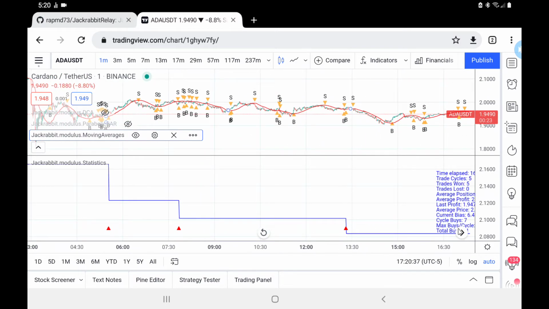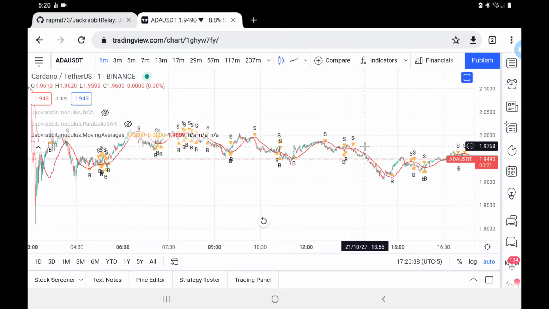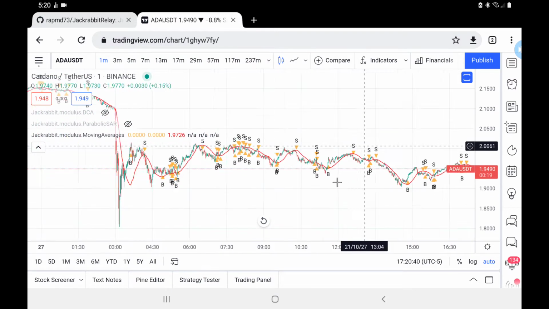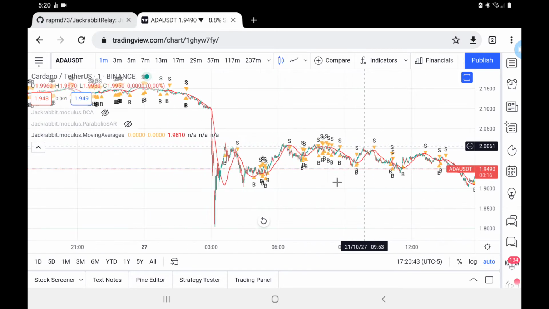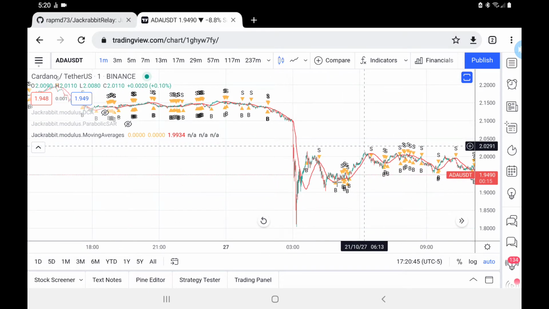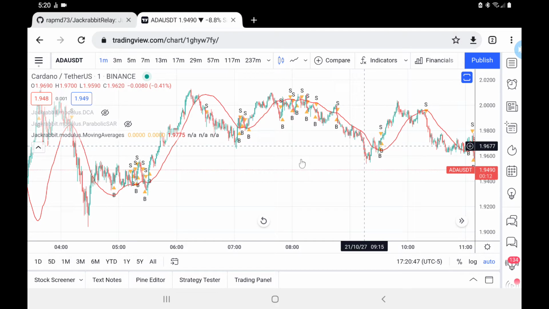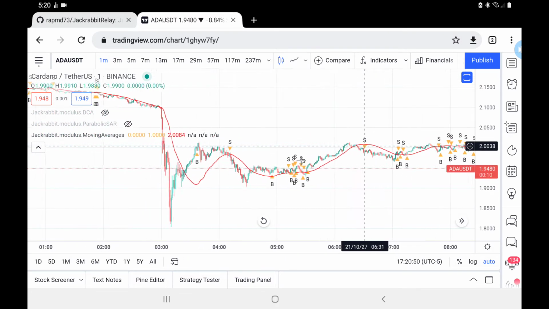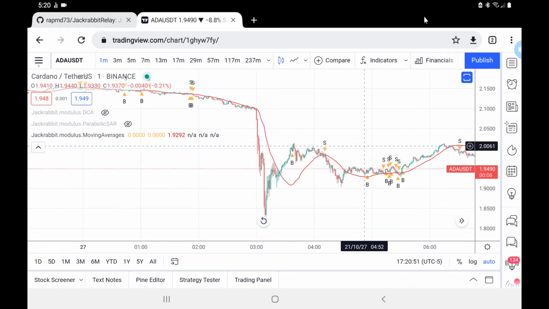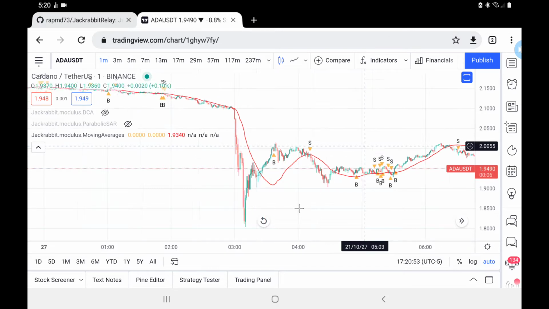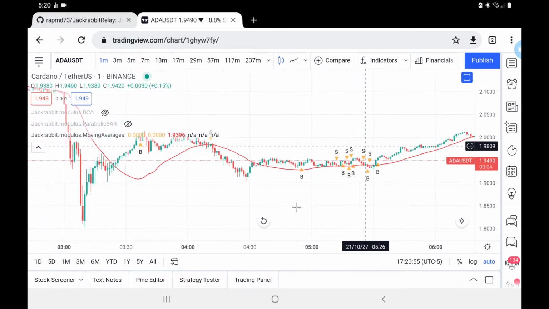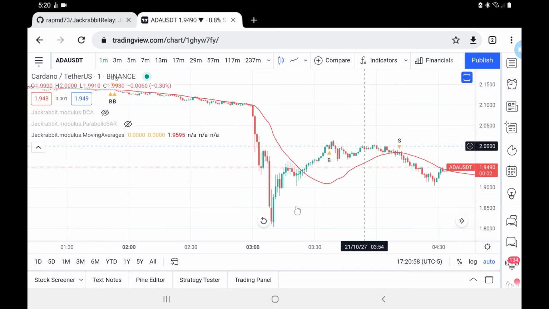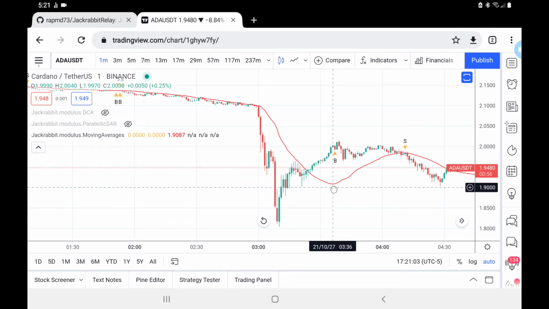So let's go back over here. Let's zoom this in as well. So let's go back to this morning's drop that seemed to catch a lot of people by surprise. Now remember, when you're doing any kind of a moving average, you're not going to make a purchase down here.